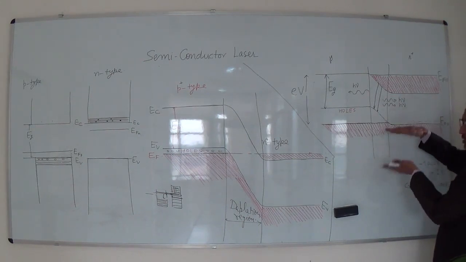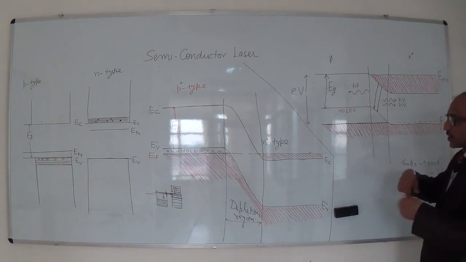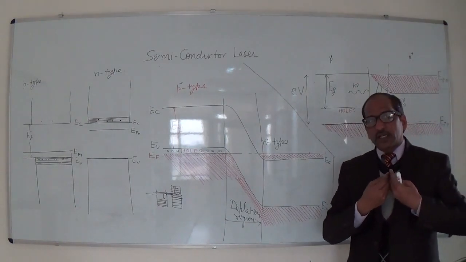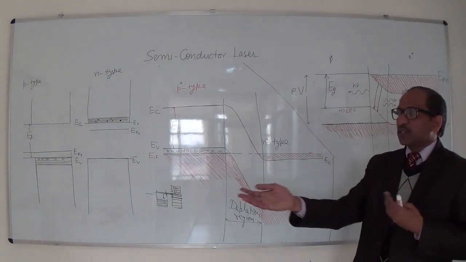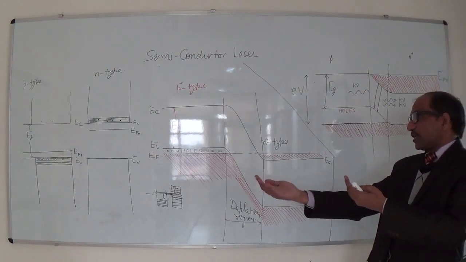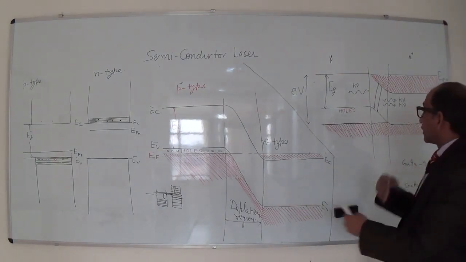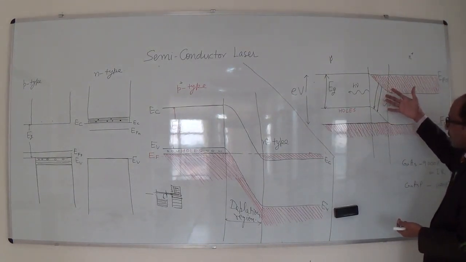So there is no energy gap in between these two, and the potential barrier is reduced almost to zero. All the electrons injected towards the P side, and from the P side all the holes move towards the electrons, and as a result we get this kind of situation, very high light.